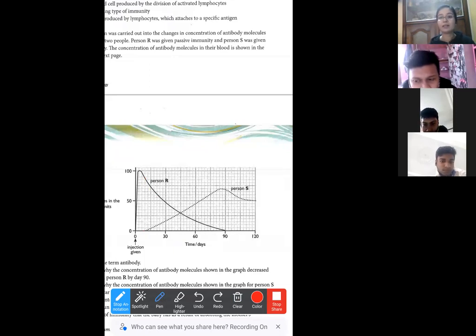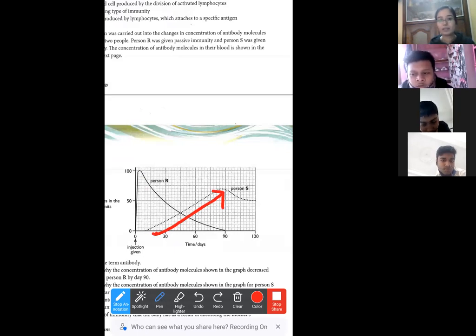After that they will start deactivating the antigens. So for that activation, detection of antigens and the making of antibody in the body of person S, it will take time. This is the time that person S is taking, but the person R is not taking.